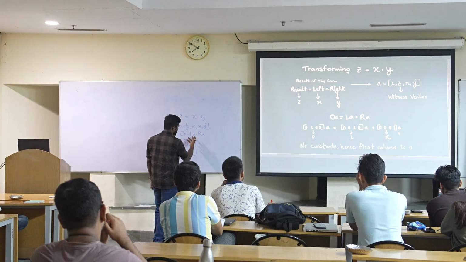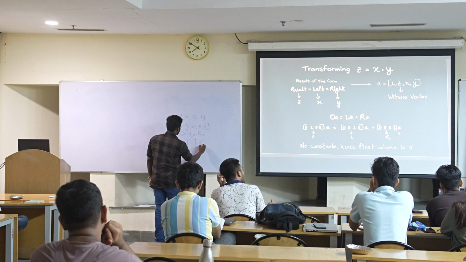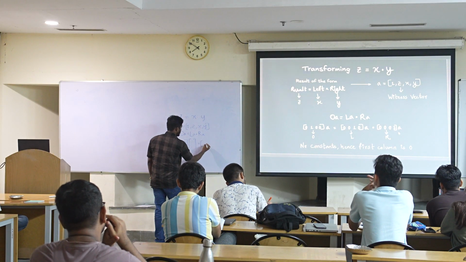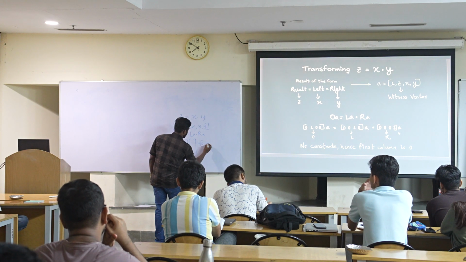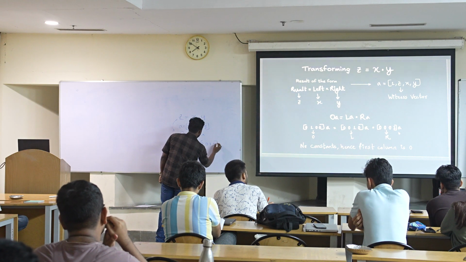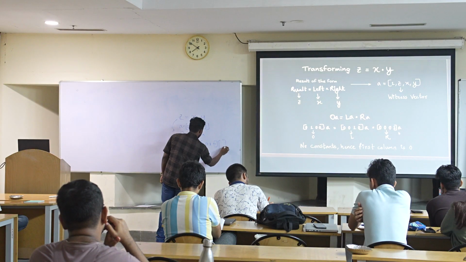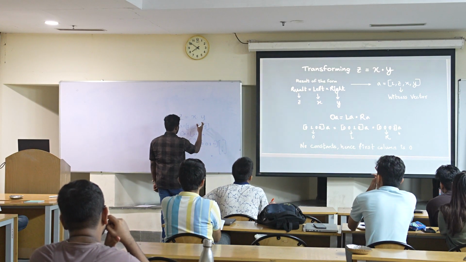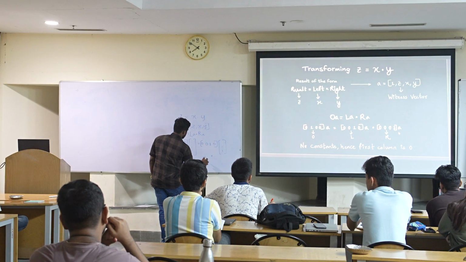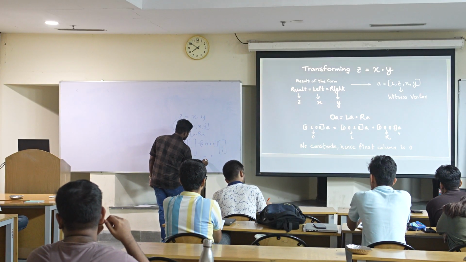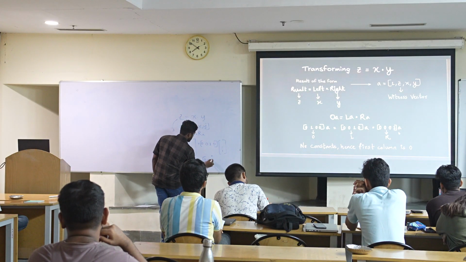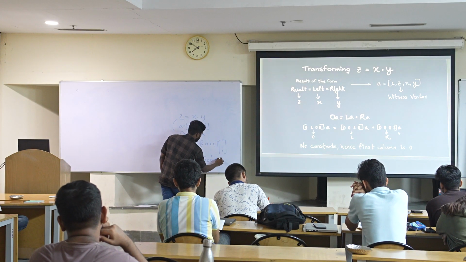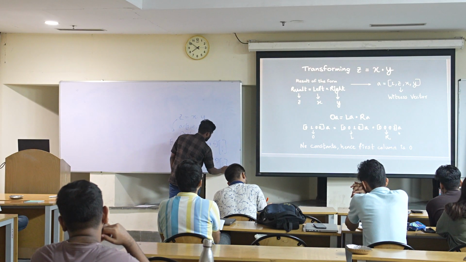And similarly we can write L is X, so the third index will be 1, rest all will be 0. And likewise for R, the fourth index will be 1, and we'll just multiply them.